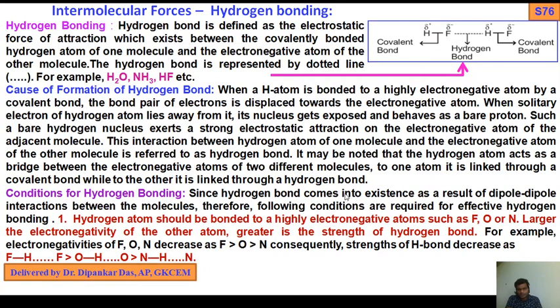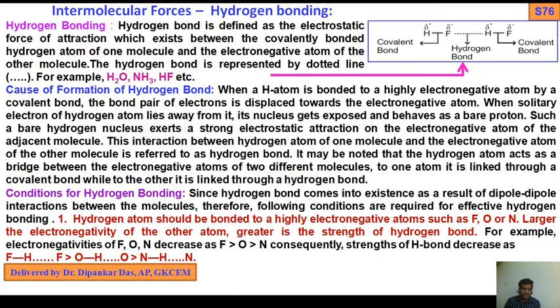So, the conditions for hydrogen bonding. Since a hydrogen bond comes into existence as a result of dipole-dipole interactions, nothing but an electrostatic force of attraction, keep that in mind. Since a hydrogen bond comes into existence as a result of dipole-dipole interactions between the molecules, the following conditions are required for effective hydrogen bonding.